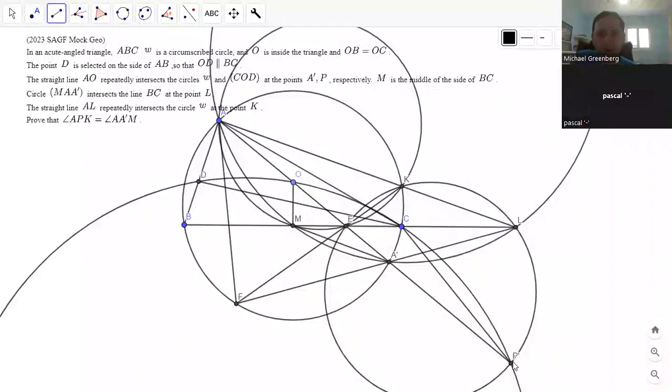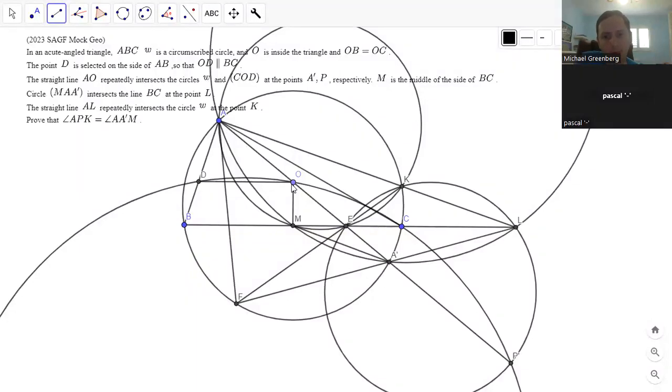Maybe there's like similar triangles or something. Well, let's see. Here's another way we could try to do it. We could try to show angle AOD as angle AEM. AOD is 180 minus DOP.